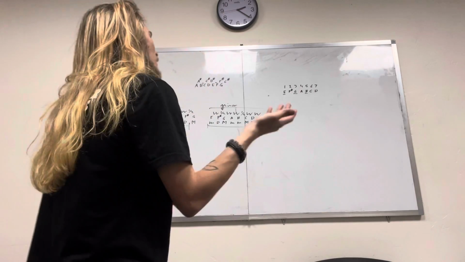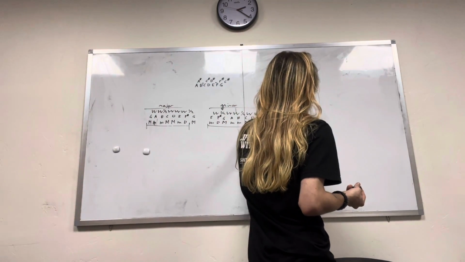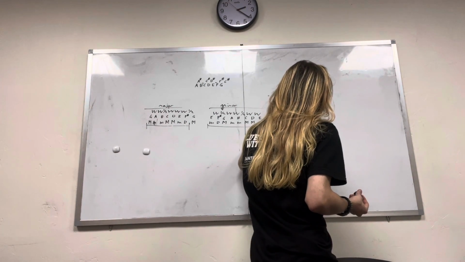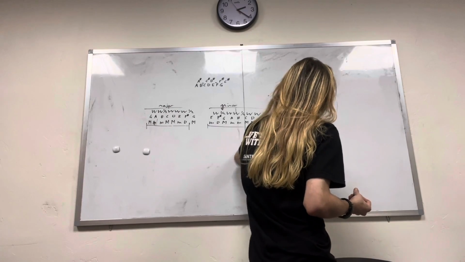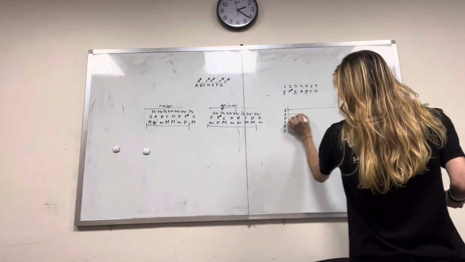So if we wanted to play E minor real quick, let me put our E minor scale right here for us. E, A, D, G, B, E. And then give me 1 second while I write this out.